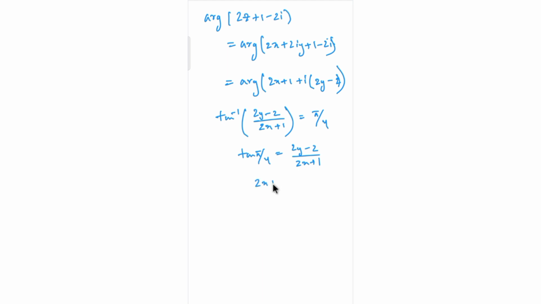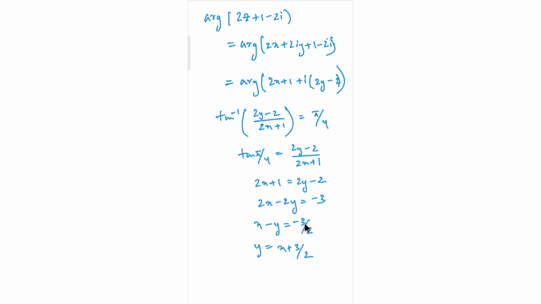So we get 2x plus 1 is equal to 2y minus 2. So 2x minus 2y is equal to minus 3, so x minus y is equal to minus 3 by 2. So y is equal to x plus 3 by 2.